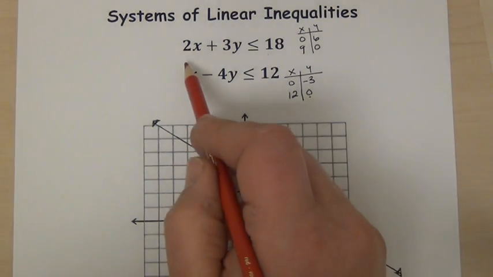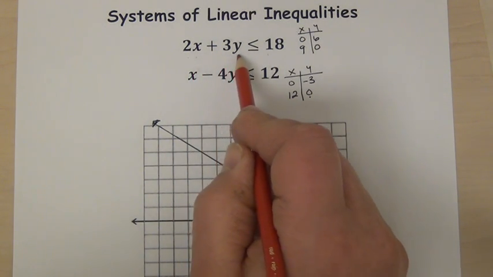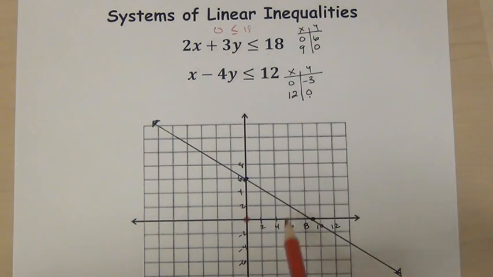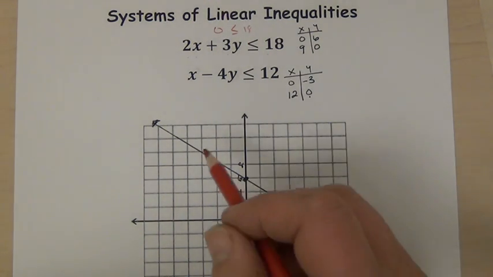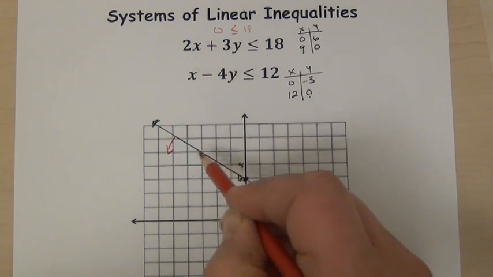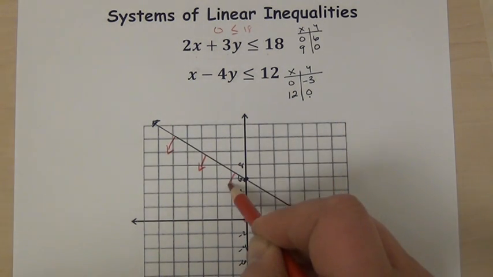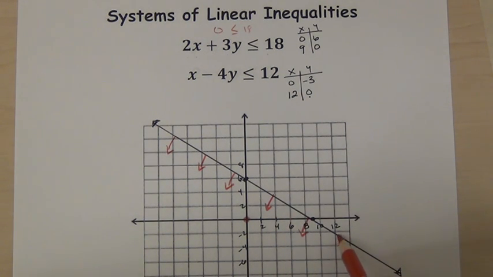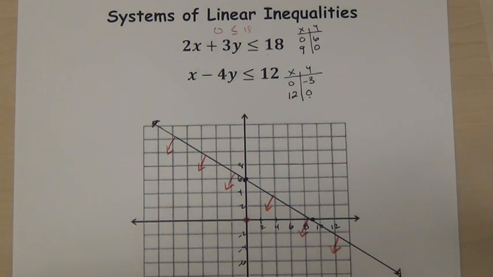So 0, 0: 2 times 0 is 0, plus 3 times 0 is 0, and 0 is smaller than 18, so I know this is part of the solution set. Now, instead of doing my shading, what I like to do is draw arrows pointing to the direction I would shade. And I'll show you why in a second. So I know if I was going to shade, I would shade on the downward side of this line.